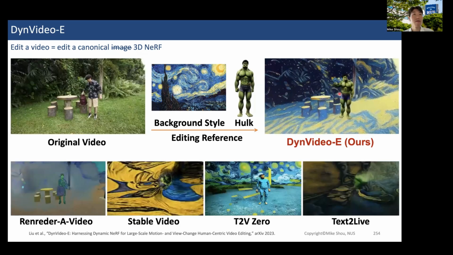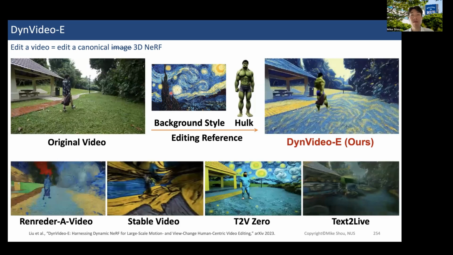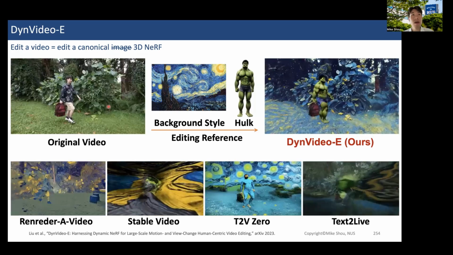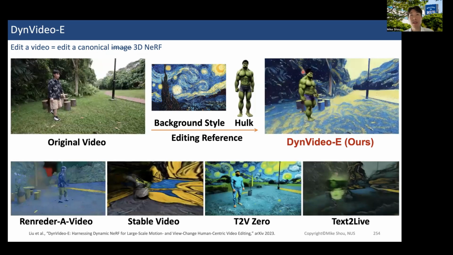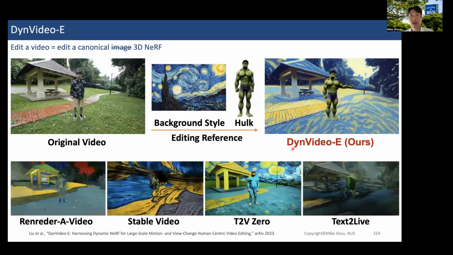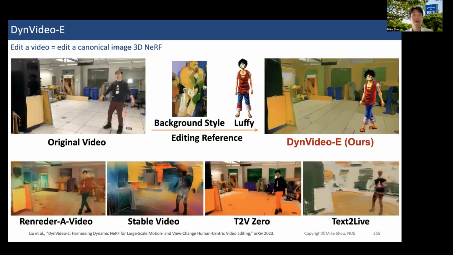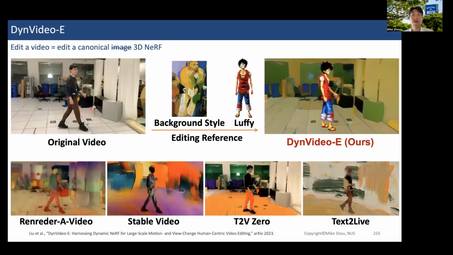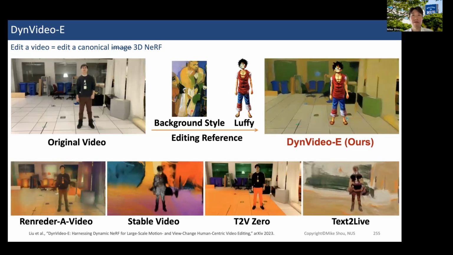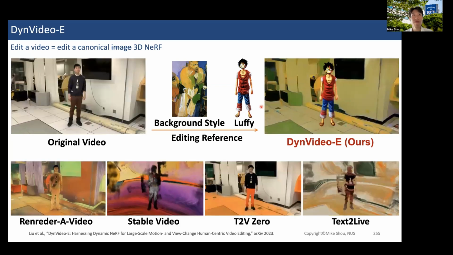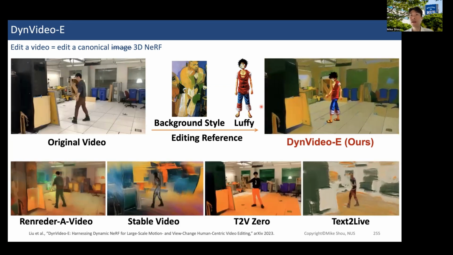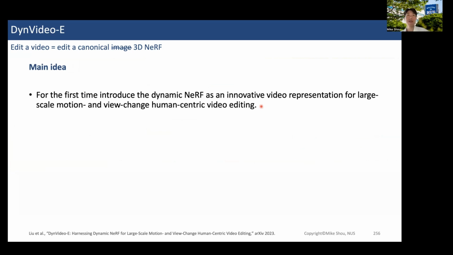You can see the consistency of the motion, and the movement trajectory is pretty well preserved in the edited video. It's much better than the previous method. There is also another example of changing to this kind of background style and subject. This is actually the first time we introduced dynamic NeRF as an innovative video representation for human-centric video editing.